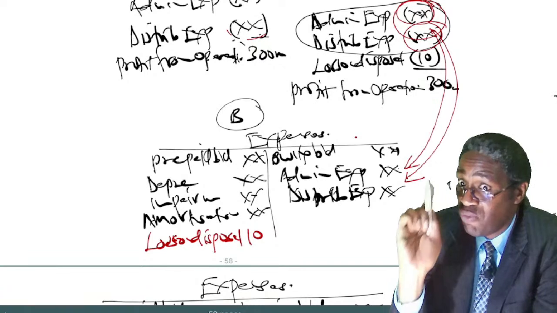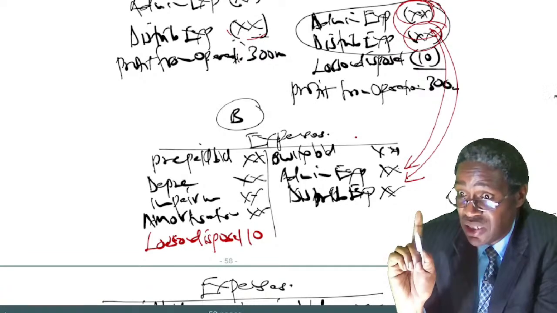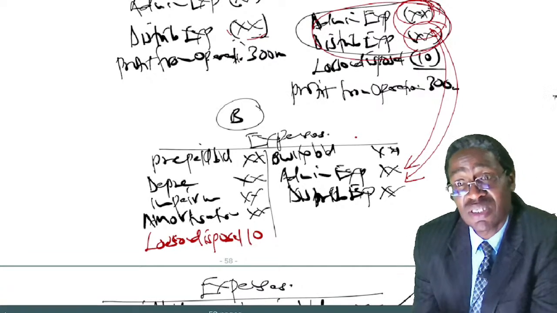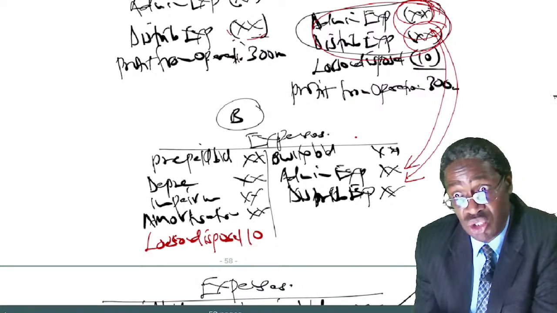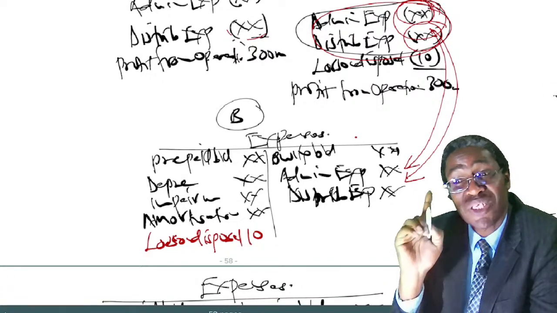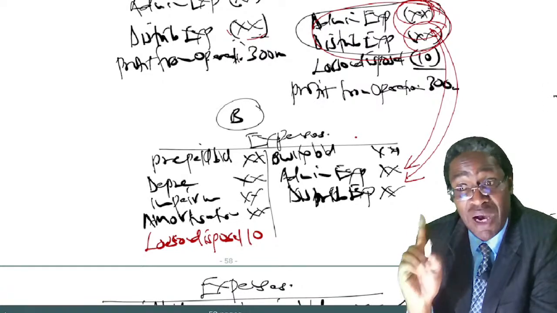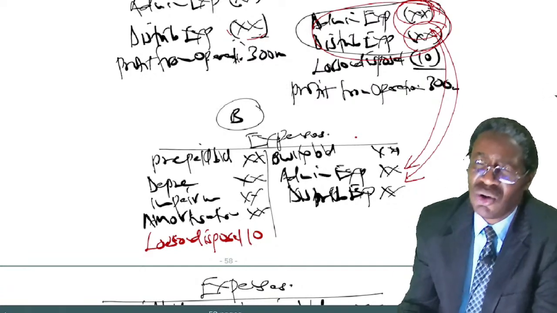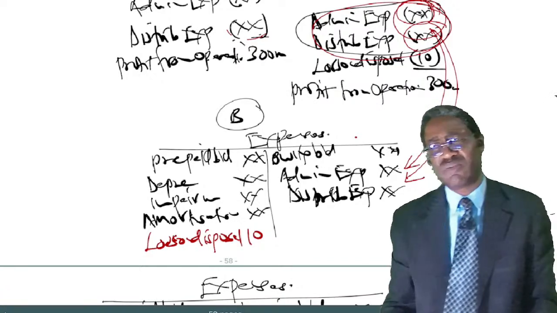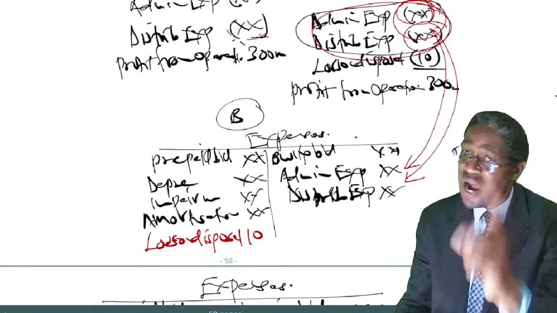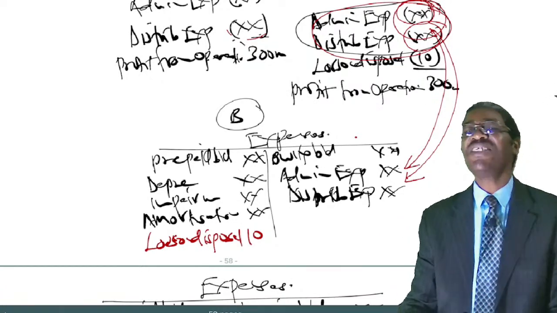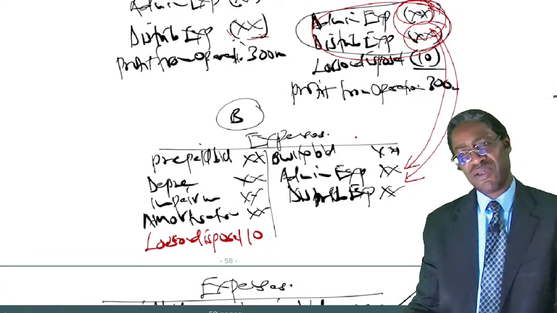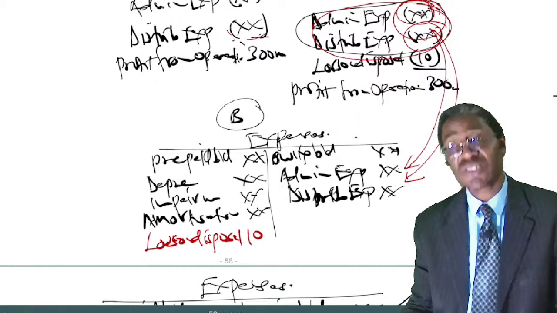I am looking for cash paid for services rendered. Which services? Admin and distribution. That's what I'm looking for. Cash paid for those amounts. Then I realize that the company also has a loss on disposal, which is an uncashed item, true. But is it affecting what I am looking for? Listen, the answer is no.